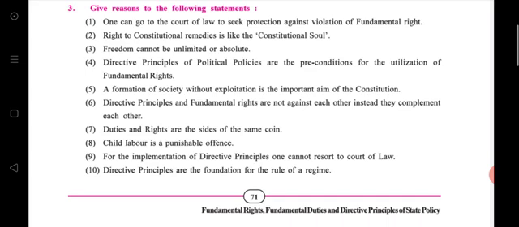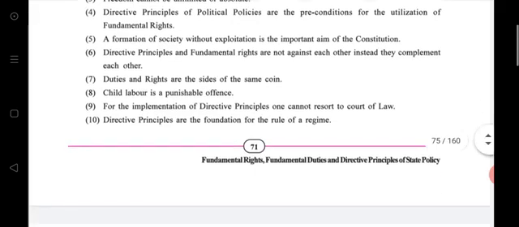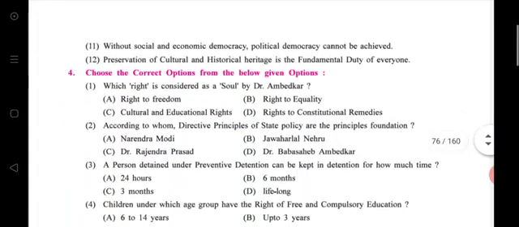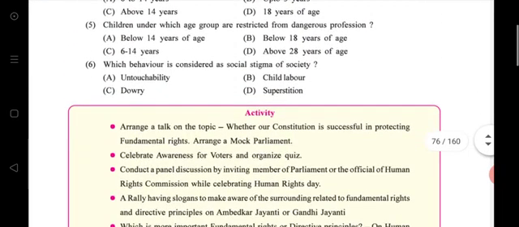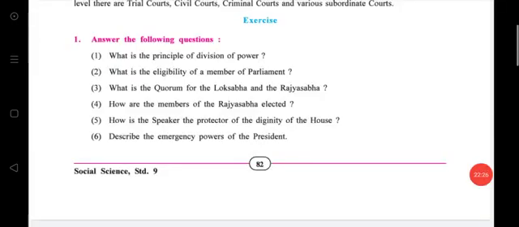So all statements you read 4 to 5 times, and 2nd, 3rd, 5, 7, 8, 10 you have to write. And then MCQs, but obviously, all you write. Then please come to page number 82.